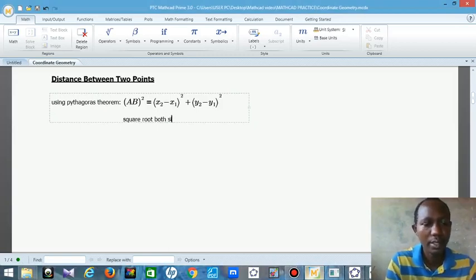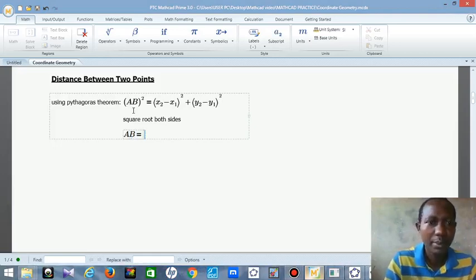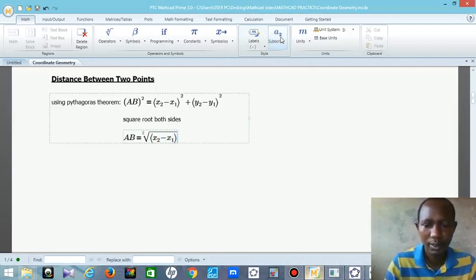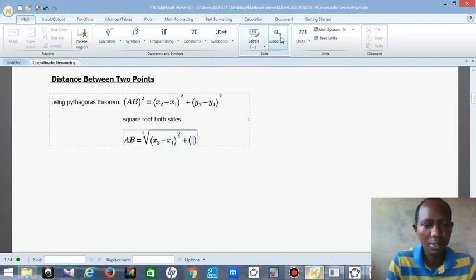You are going to get AB equals the square root of everything you have here, which is open bracket x2 minus x1, don't forget to square it, very important, then plus open bracket y2 minus y1, and you square it.